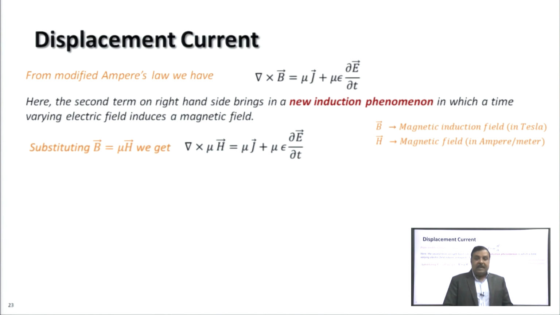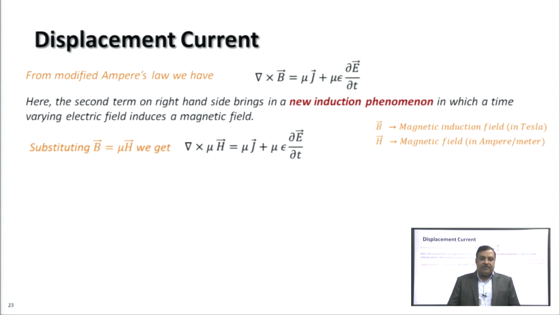So, we can substitute B equals mu H. H is the magnetic field and B may be called the magnetic induction field. When a magnetic field is established, the material medium also gets magnetized. So, when we measure the B magnetic field, it is the net magnetic field, and H is actually the magnetizing field.